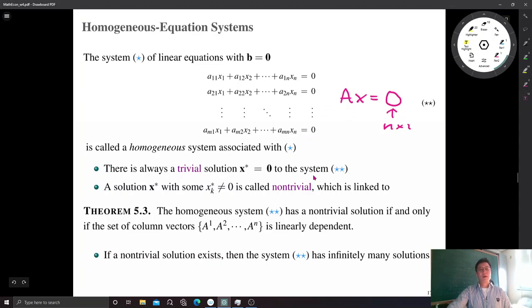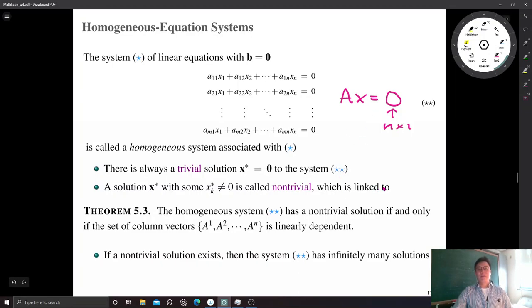But sometimes a homogeneous system has a non-trivial solution, where some entries are non-zero numbers. So one natural question that arises is, when does a homogeneous system have a non-trivial solution?